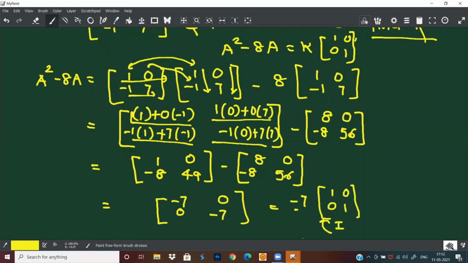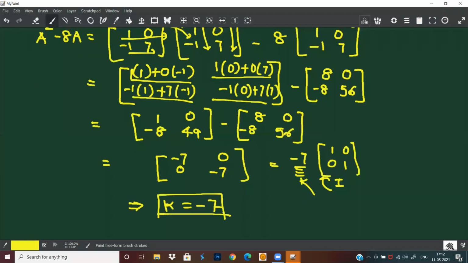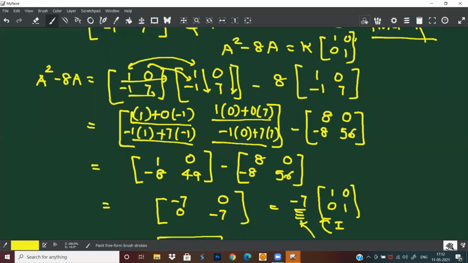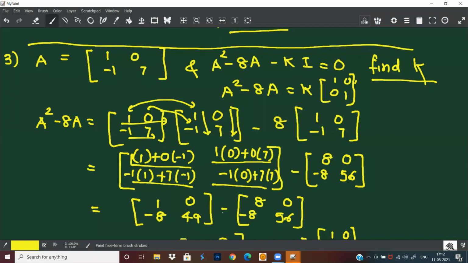So ये this should be K. I hope everybody understood this sum. Got it? Anybody solving this?